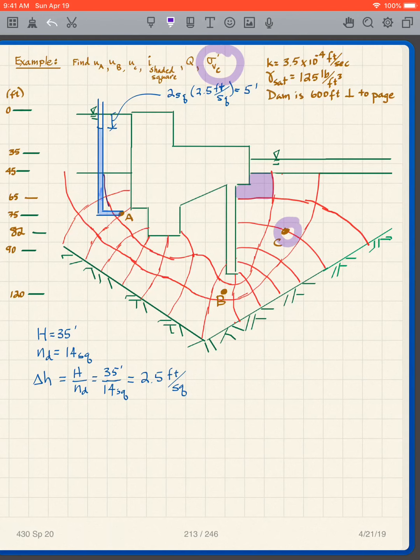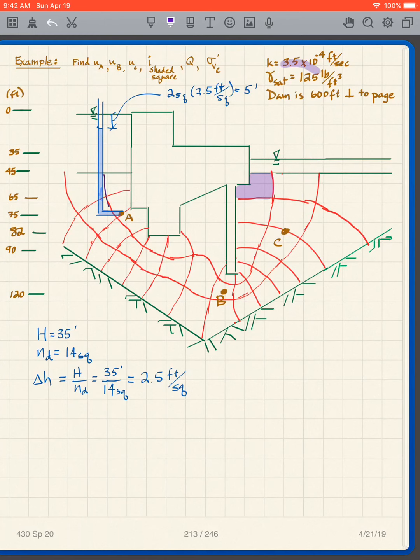So in order to find sigma V prime at point C, you have to use the pore pressure at point C. It's simply the total stress minus the pore pressure. So you have to get the total stress at point C, in other words, account for the weight of all of the soil above point C. So it's simply figuring out the total stress using the unit weights of the soil.